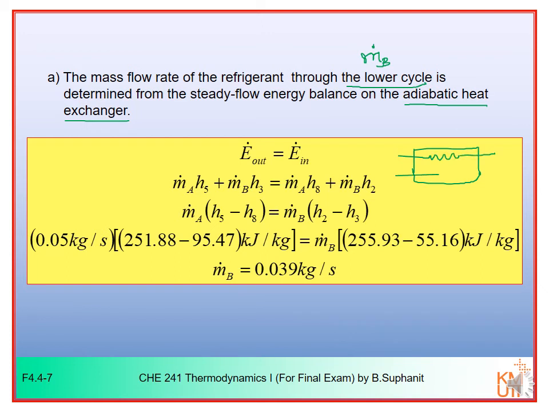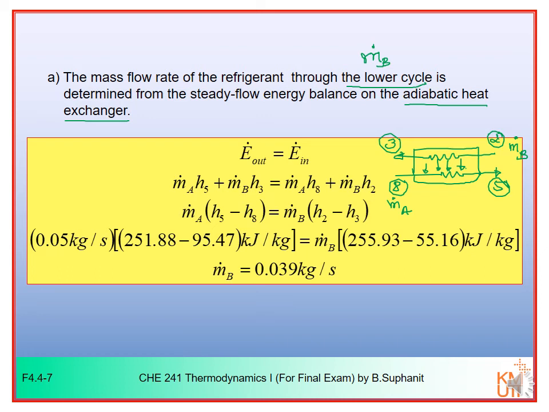You have 2 to 3 exchanging heat with 8 to 5. 2 to 3 transfers heat to 8 to 5. 2 to 3 would be with the mass flow rate of MB dot, and 8 to 5 would be with the mass flow rate of MA dot here.